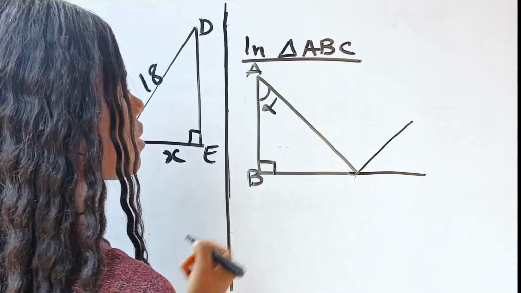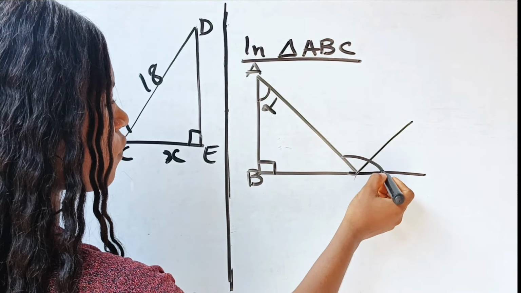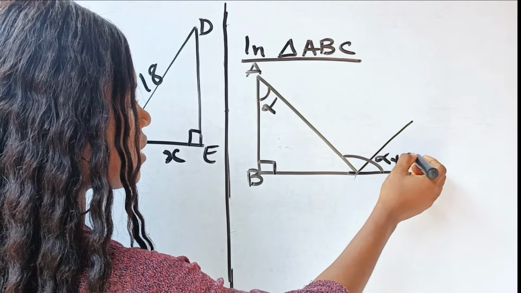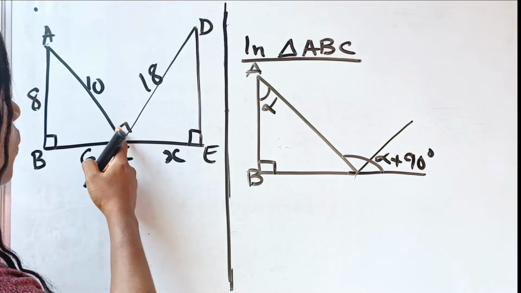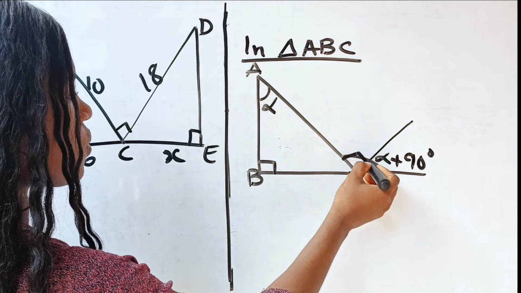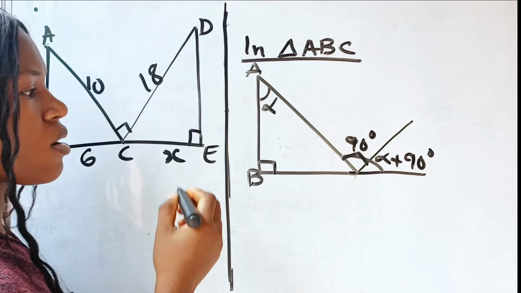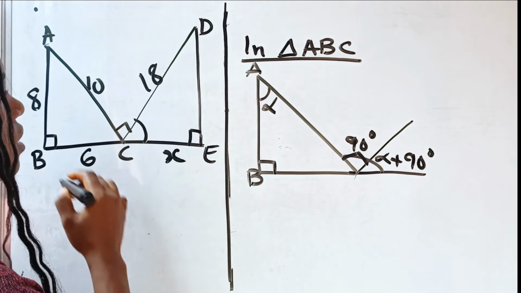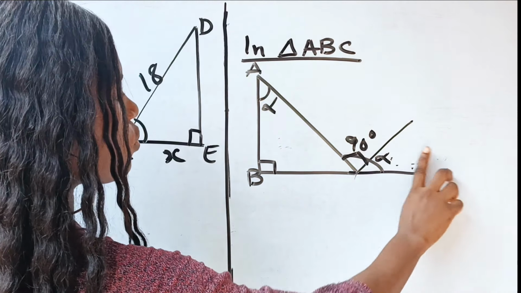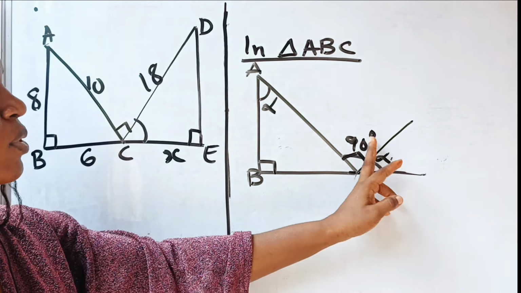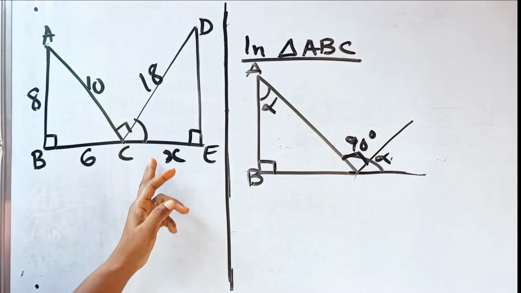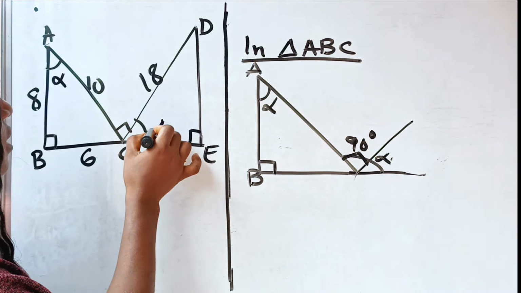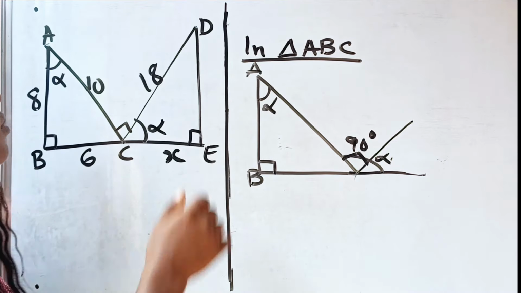It means that the whole of this should be alpha plus 90 degrees. But already we have 90 degrees here. So which simply means that the remaining portion, which should be this side, will also be alpha, so that we have alpha plus 90 for the whole of this place. So if this place is alpha, then this place should be alpha as well.